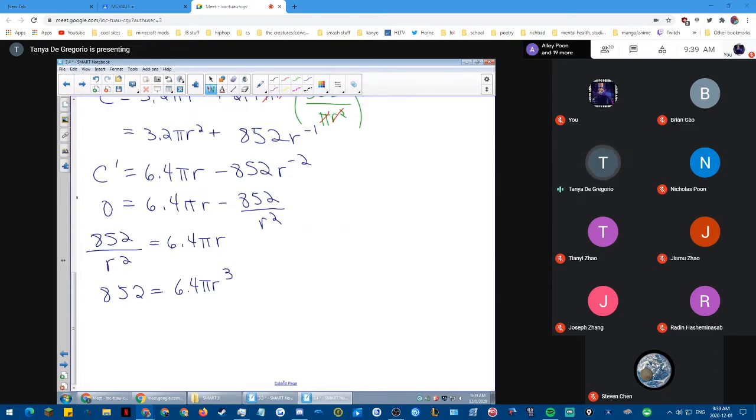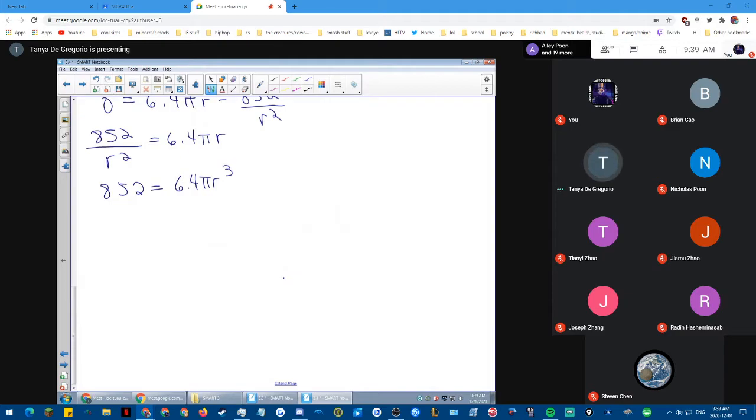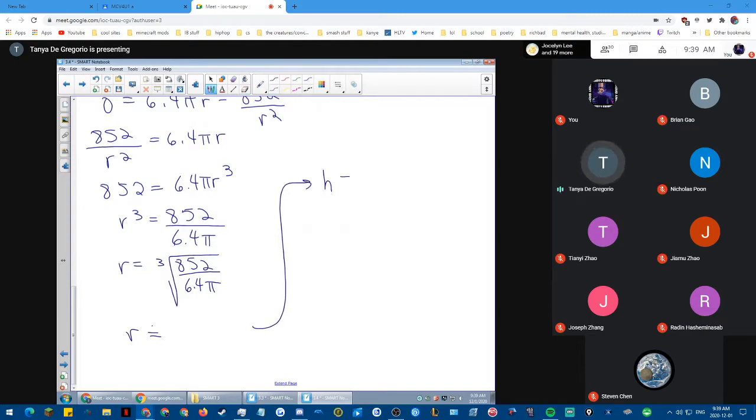And now divide by 6.4 pi and take the cube root. So what's r? About 3.49.